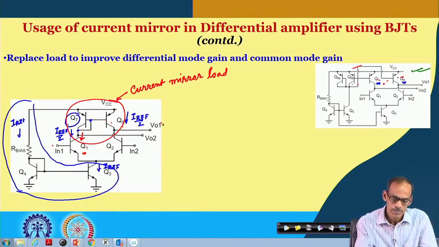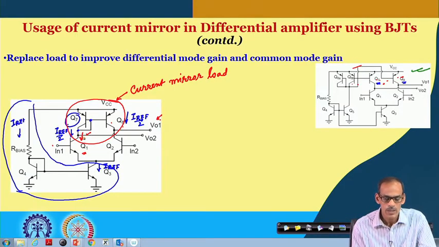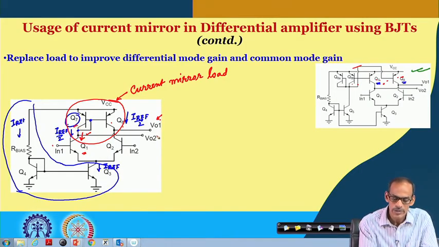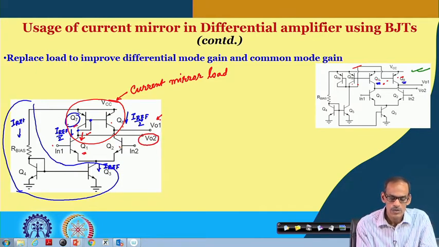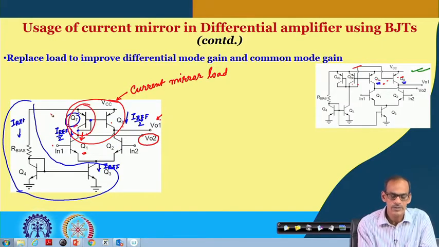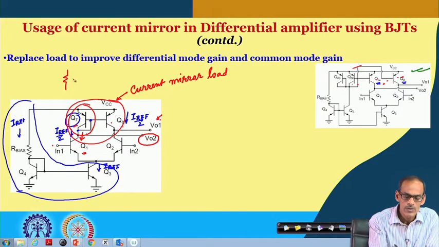Also, since transistor 7 is diode connected, it is expected that the signal at this node will be affected, because of the impedance of transistor 7, which is diode connected. That impedance will be much smaller, approximately 1 by GM7.